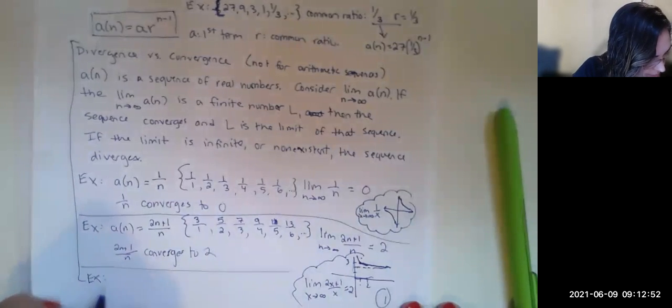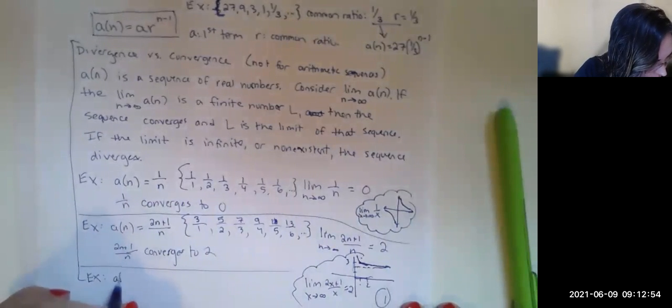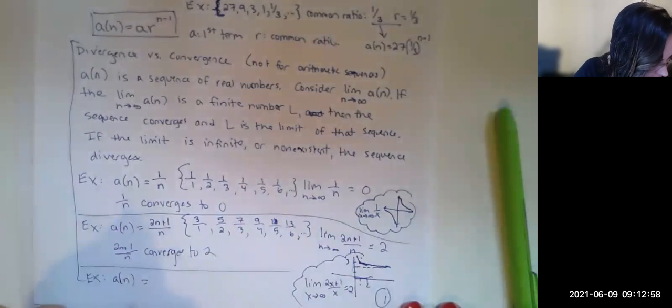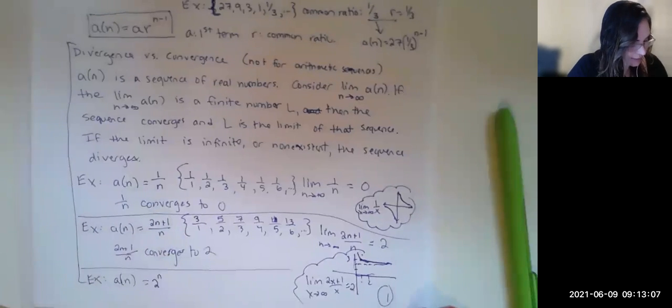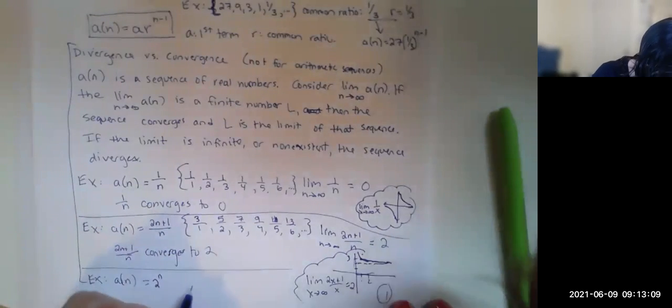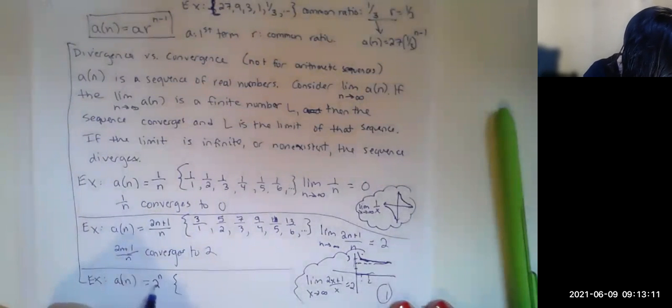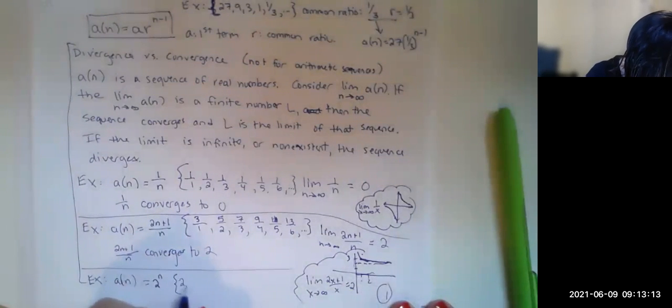Let's take one more example and then we'll move on. Let's say a of n equals 2 to the power of n. So we've got 2 to the 1 is 2, 2 to the 2 is 4, 2 to the 3 is 8, 2 to the 4 is 16, 2 to the 5th is 32, and so forth.